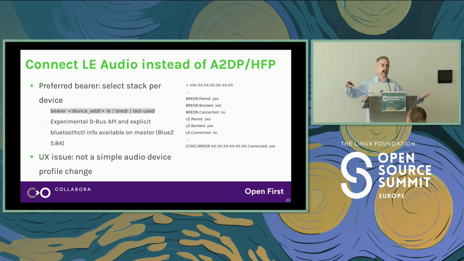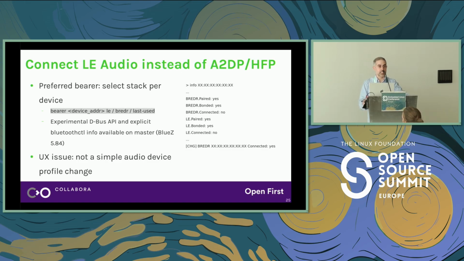You might have a device paired in classic mode, but not in LE mode. You need to pair it in both stacks. And also the change commands and all the status commands will show BR-EDR or LE, so it's going to be a little bit more obvious. And there is also the dbus API that you can use to do it programmatically from your application.